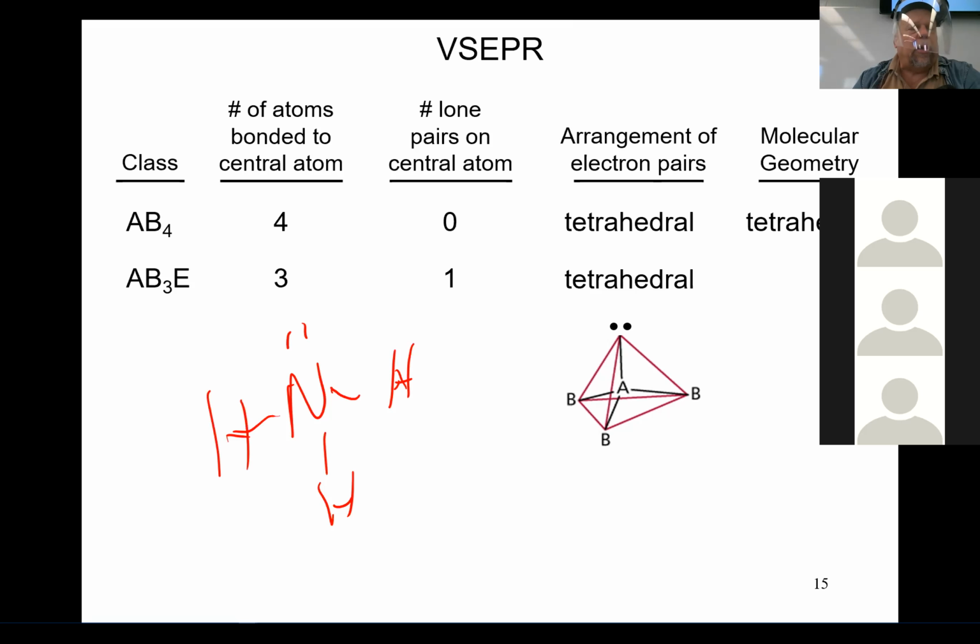This is also a tetrahedral structure, but it is called trigonal pyramidal instead, okay? It is a tetrahedral. Now, for general chemistry 1 students, if you're asked what is that structure called, if you want to call it tetrahedral, you can, but it's called trigonal pyramidal.